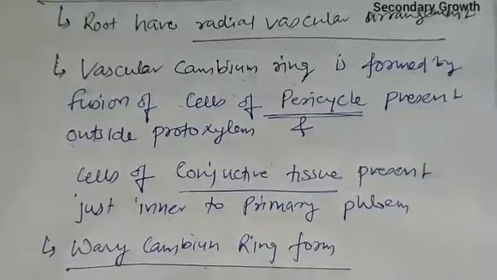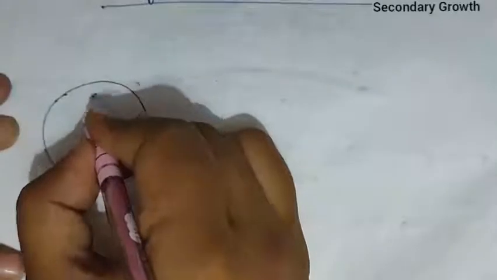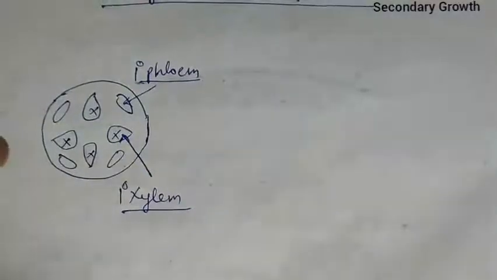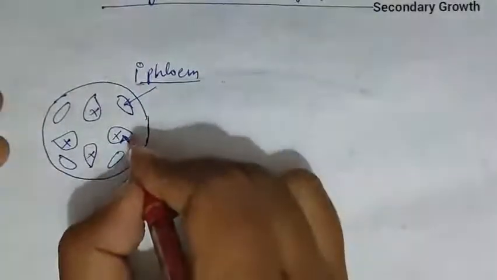So now if you need to visualize it, then we form a diagram, and in diagram we can see that root has a radial arrangement of vascular bundle. So if we draw only vascular bundle, we find that there is xylem or primary xylem, and here they have primary phloem. Here they have primary xylem. So now if we talk about the cells of pericycle, they have exarch arrangement in primary xylem, so protoxylem is toward this side.